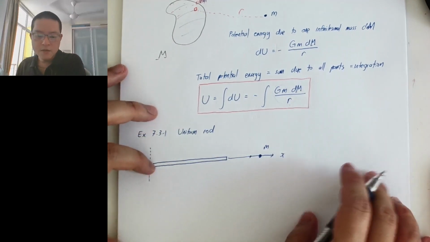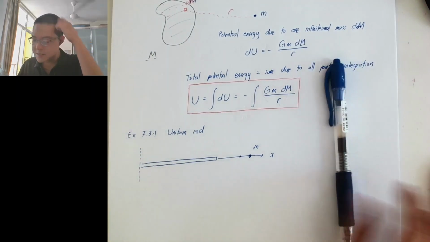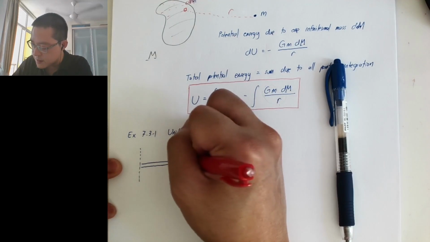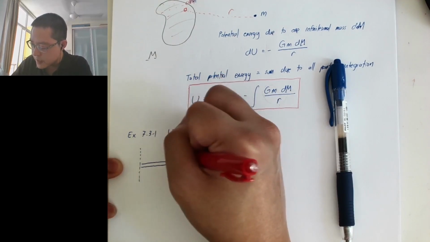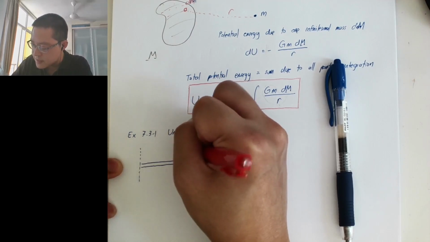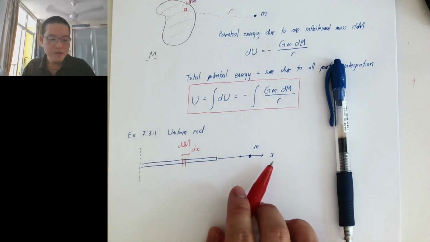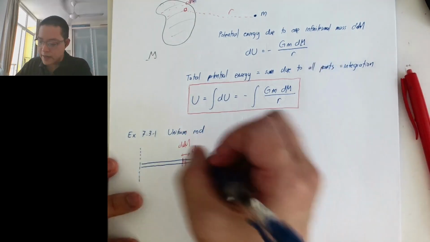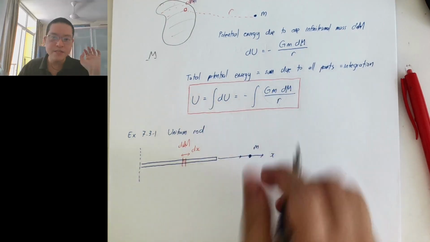We do the usual thing as follows. We look at one infinitesimal mass, so this is dm, and the length of this small section is dx, since we are talking about the x direction. There are a few x's here, so this is potentially very confusing.